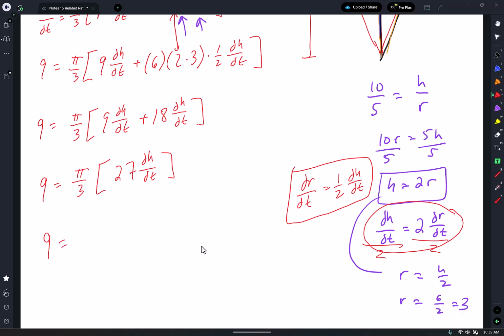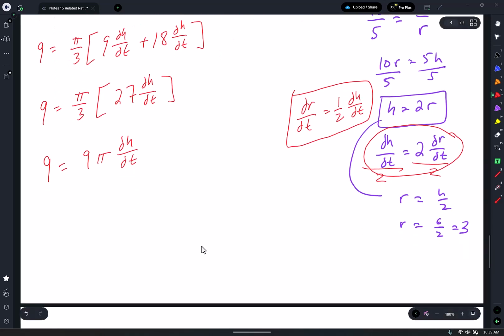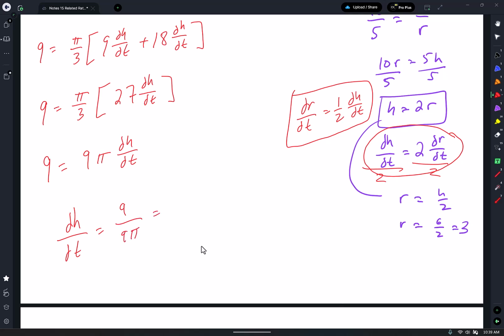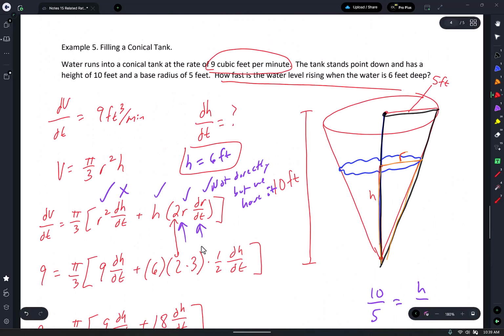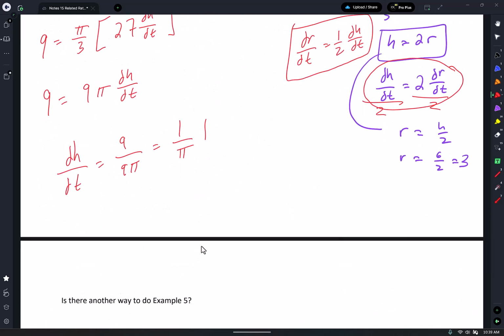So 9 equals 9 pi dh/dt. And how do I get dh/dt by itself? Divide. dh/dt equals 9 over 9 pi, which equals 1 over pi. And I need units: feet per minute.